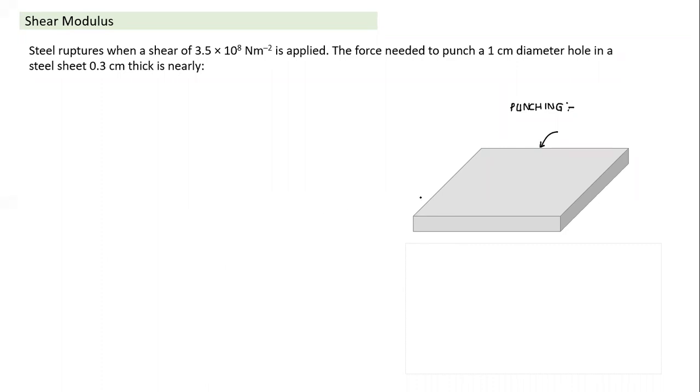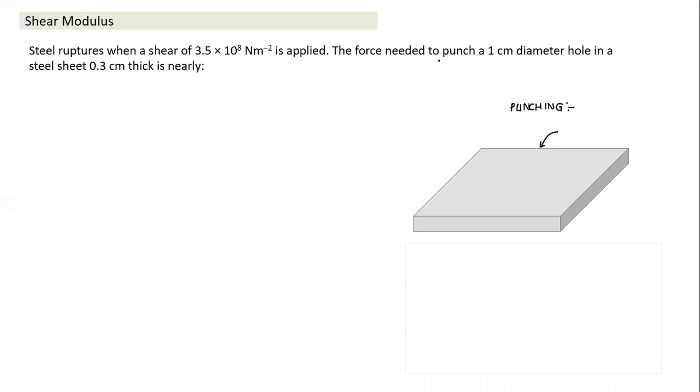So there also, which strength is coming into the picture? Shear strength is coming into the picture. So what it says is the maximum shear stress it can bear is this. So whenever shear stress greater than this is applied, shear failure will take place. Let's understand what shearing means.